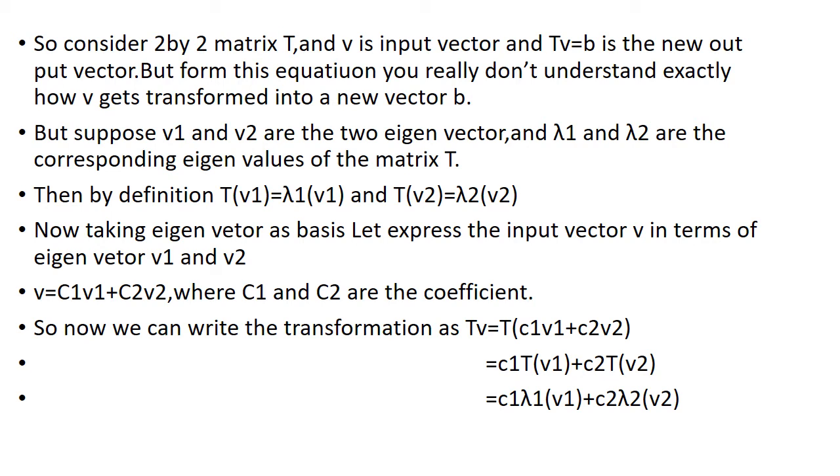Now we can write the transformation T acting upon v as T of c1 v1 plus c2 v2, which is c1 times T of v1 plus c2 times T of v2. And v1 just gets scaled by lambda 1, so c1 lambda 1 v1, and v2 is just scaled by lambda 2, so plus c2 lambda 2 v2.